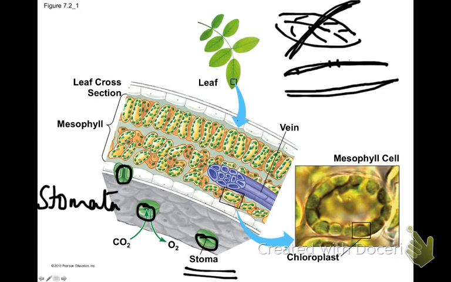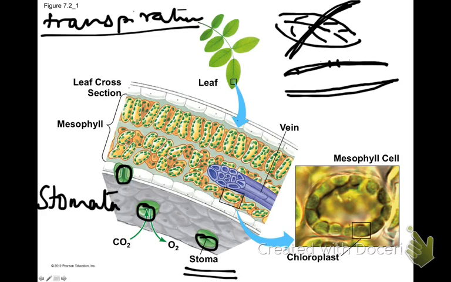Now stomata or stoma, what is it? It's like an opening to the outside. What is their main purpose? One, you have studied about transpiration, which is a feature that happens in plants.